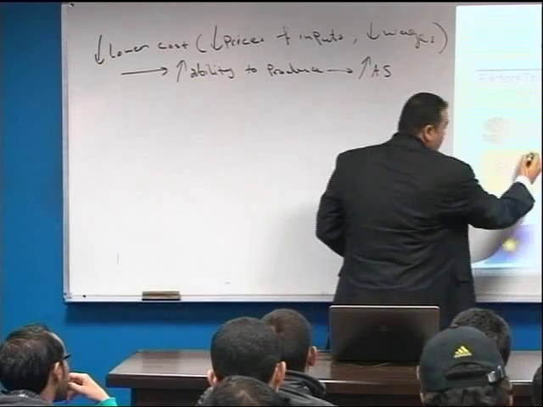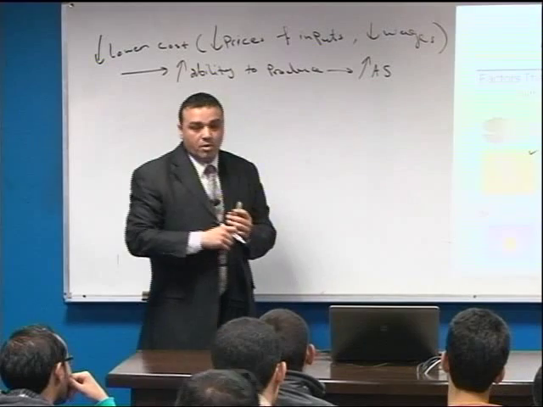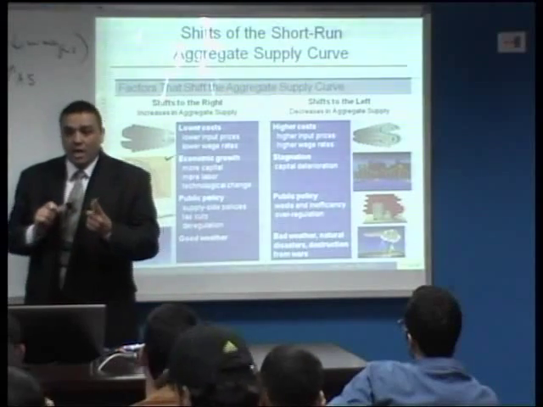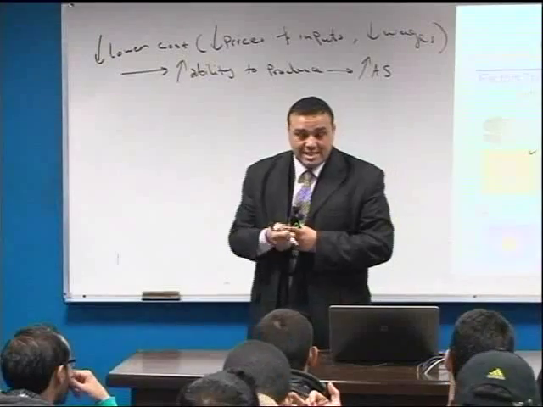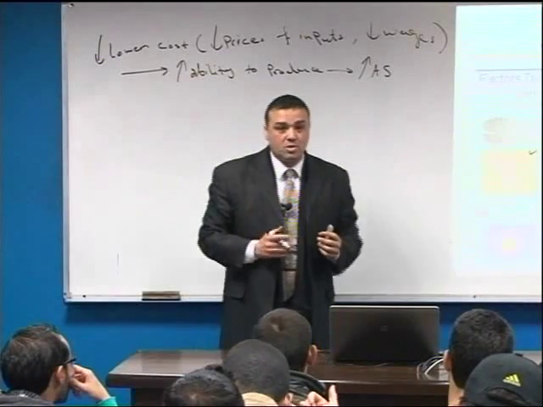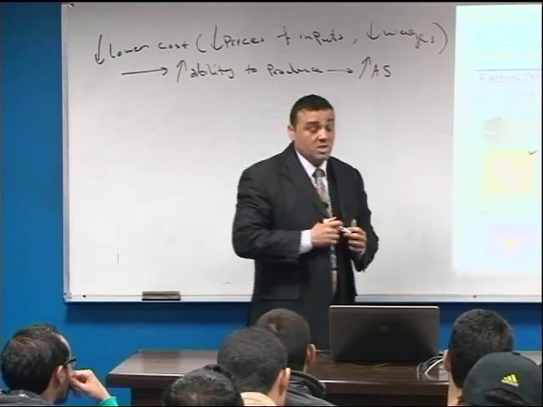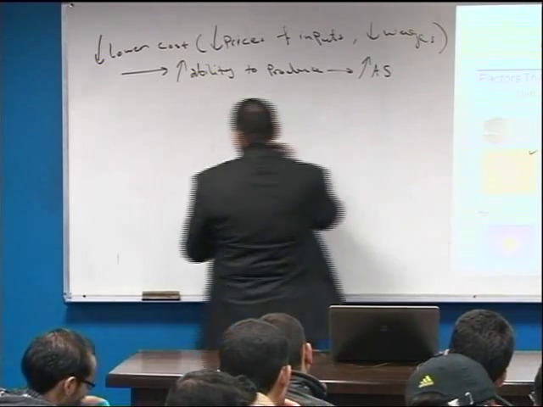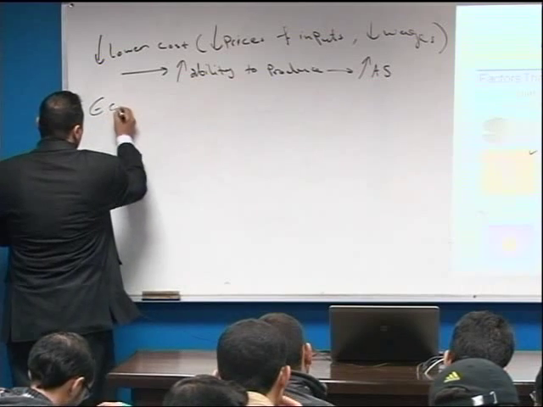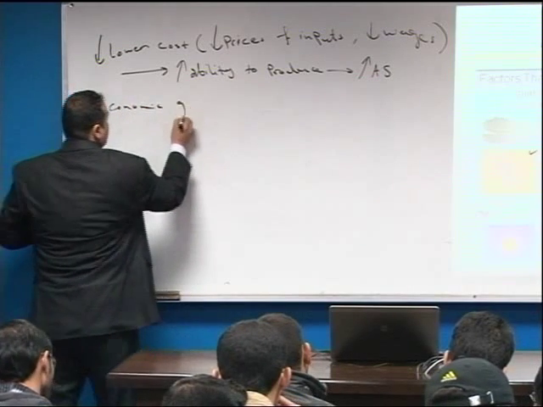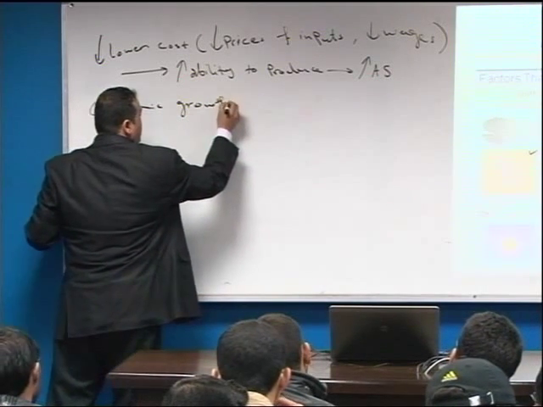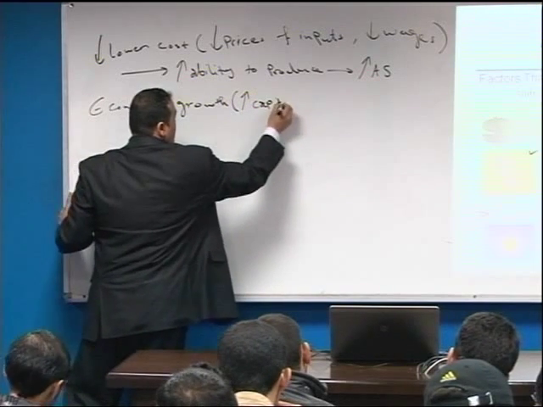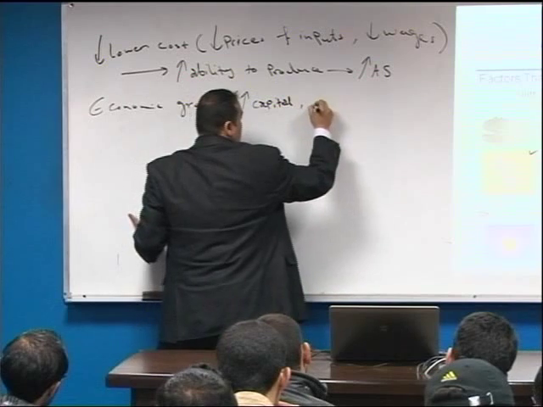What else? The economic growth. More capital, more machines, more labor, advanced technology. This leads to increasing the ability to produce, which will shift the aggregate supply to the right. So here we can see the economic growth, which means increasing the capital, increasing new technology.